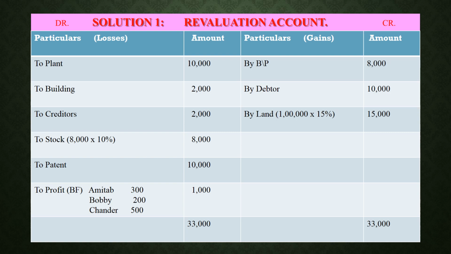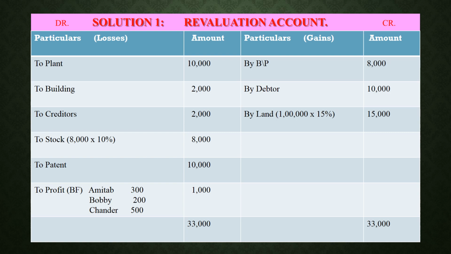Depreciation means reduction. So it is a loss for the firm. Therefore, stock will also appear on the debit side of revaluation account. The amount will be 10% of balance sheet value 80,000. 10% of 80,000 will become 8,000. So 8,000 would be recorded on debit side in the amount column.